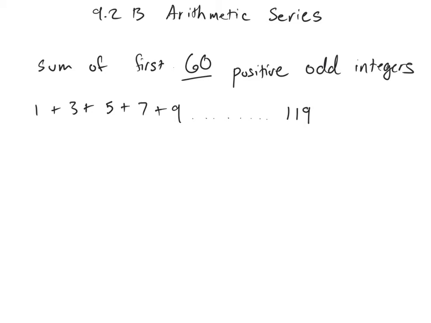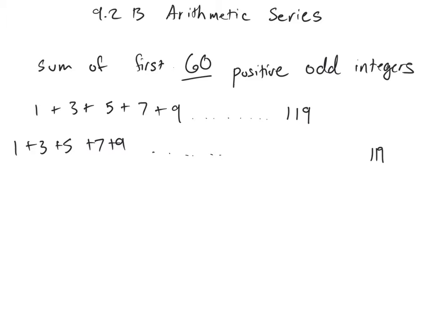If we also think about this logically, we have 1 plus 3 plus 5 plus 7 plus 9, and at the other end we have 119.